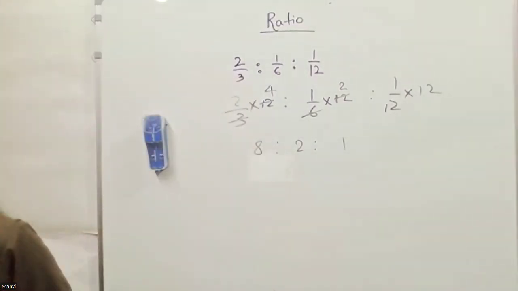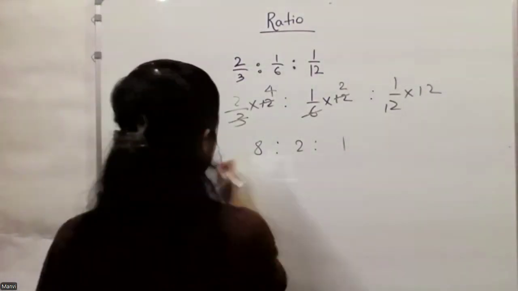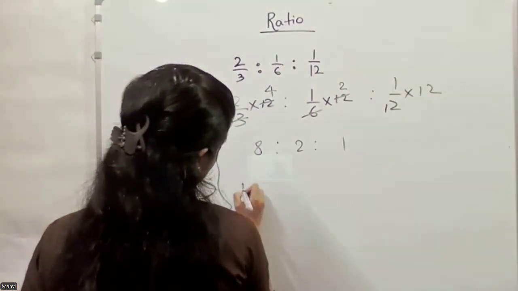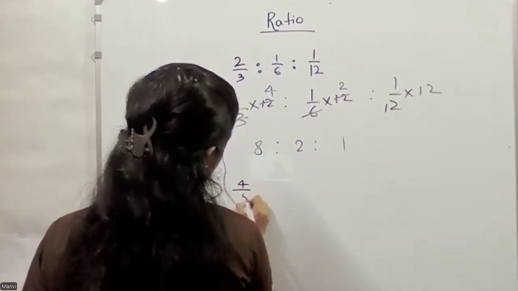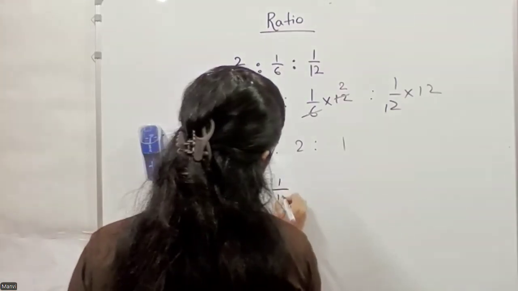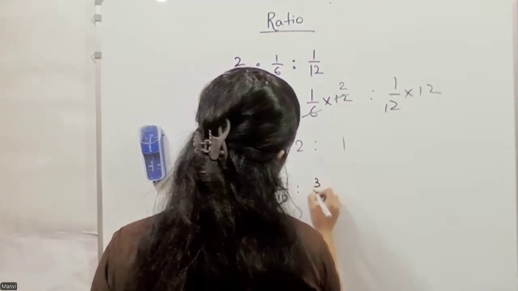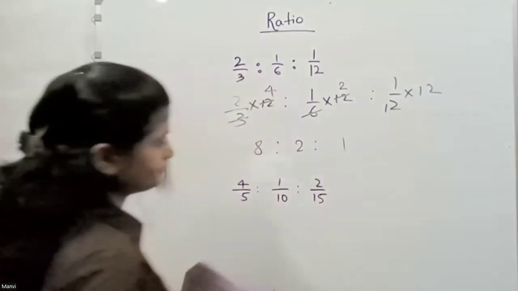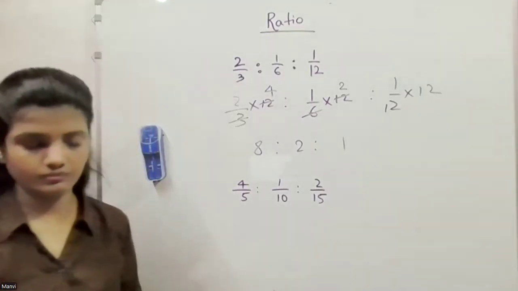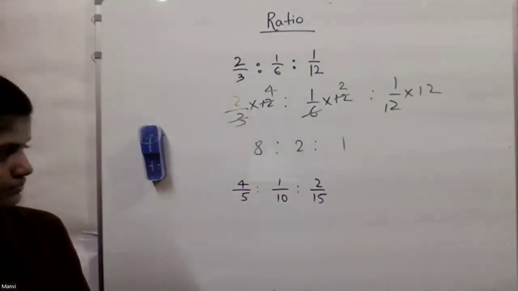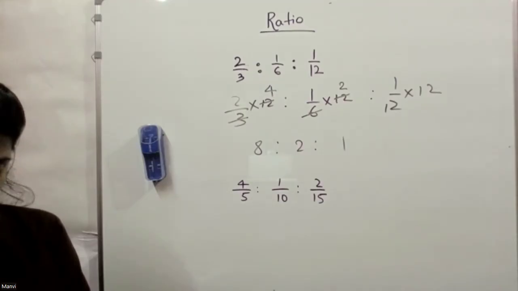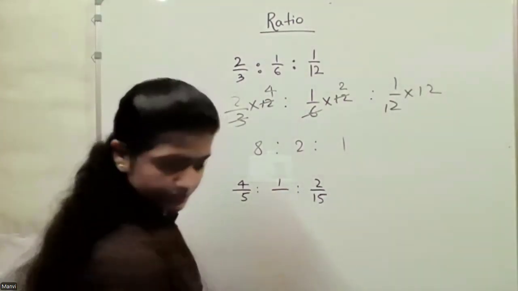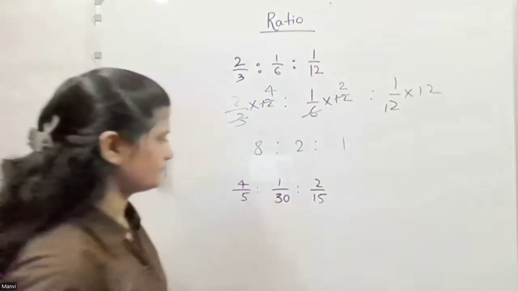Yeah, please try this. This is also 5, sorry, actually 30. Keep it 30.